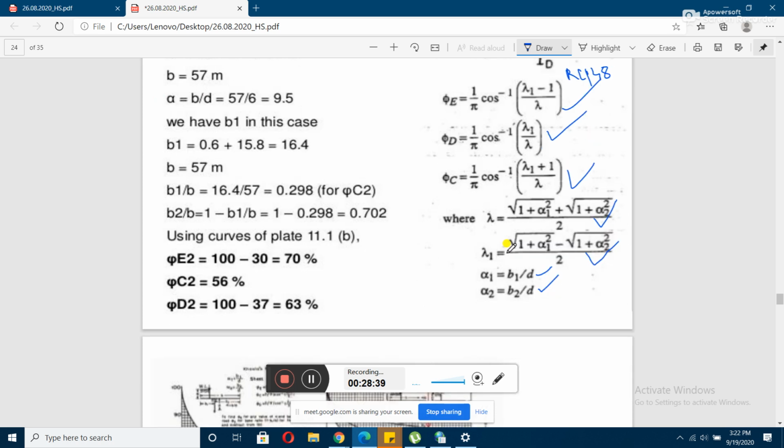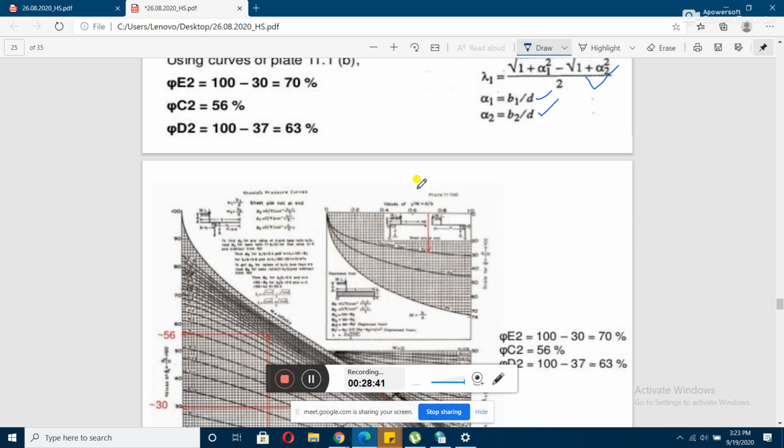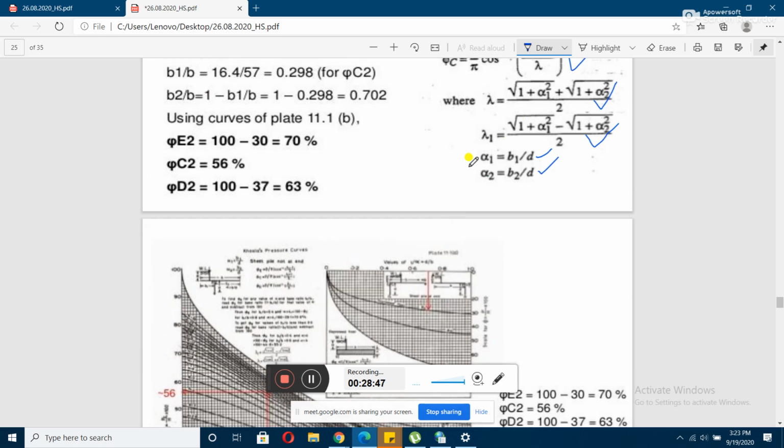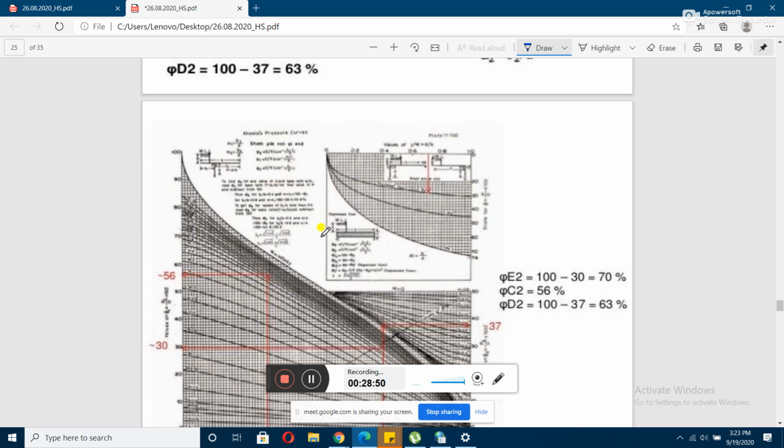Also this can be drawn from the graph, but I don't think this is quite visible to you. Just leave it for now because you can do it from the formula itself. This particular graph is quite cumbersome. Your ebook has been provided to you, so if possible have a look at the graph.